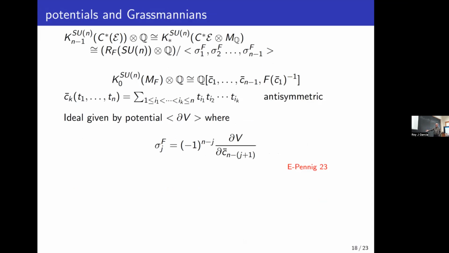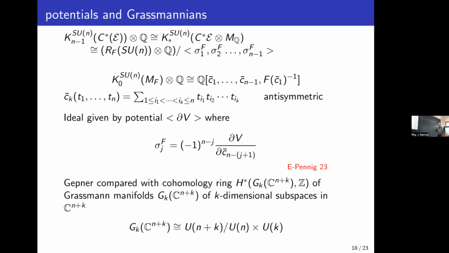So when you divide out by that ideal, you can construct it by finding a potential such that when you take all the derivatives, you do the same thing as you did before. And that helps understand some geometric description of the Verlinde ring. Now, for us, we can also do that. We can find the potentials which generate a fusion ideal.